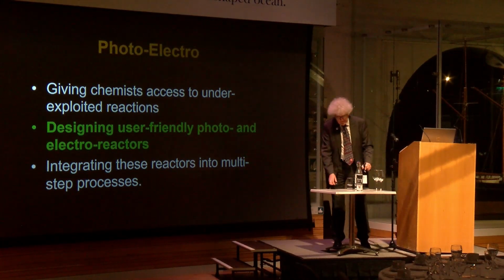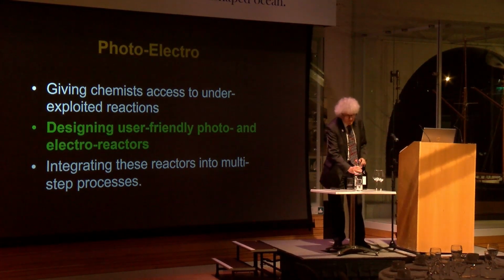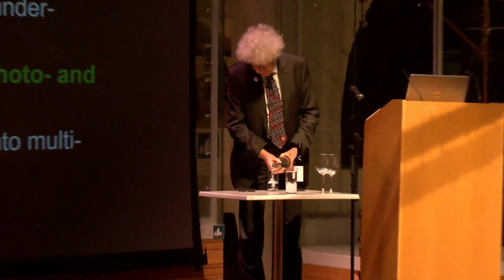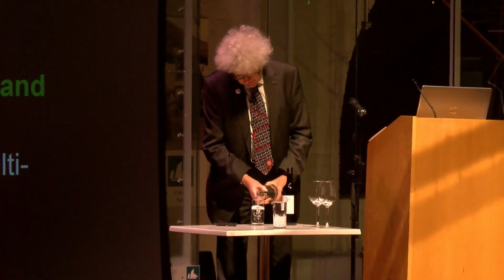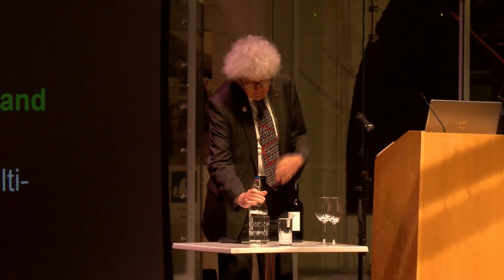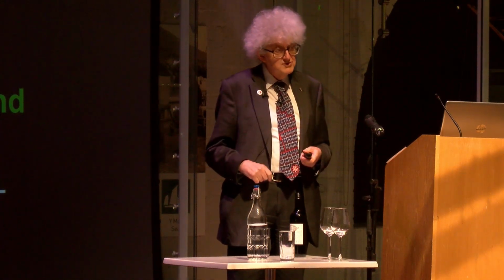So I feel we need a demonstration. Chemistry lectures always need a demonstration. Let me explain. The problem with photochemistry is that if you want to promote a reaction by light, the light has to be absorbed by the solution.